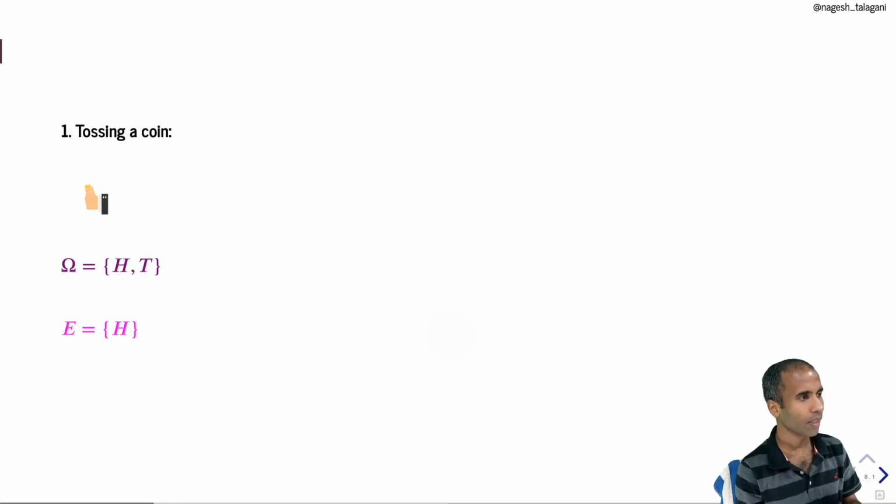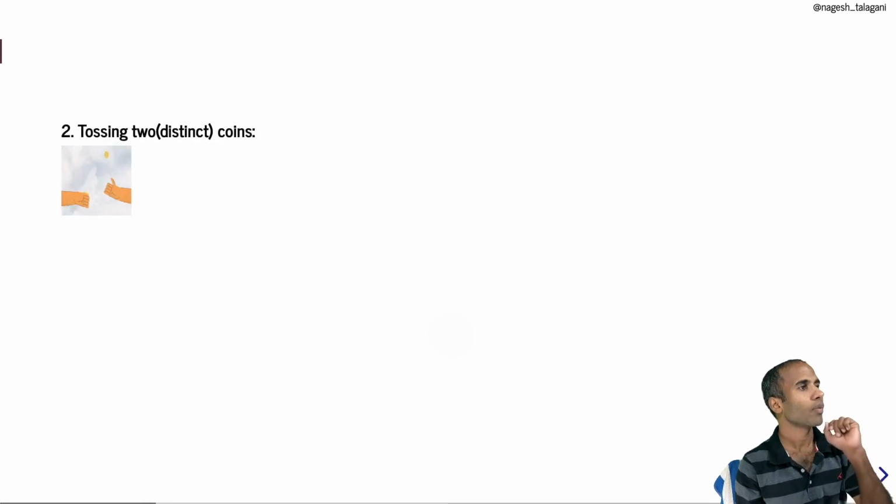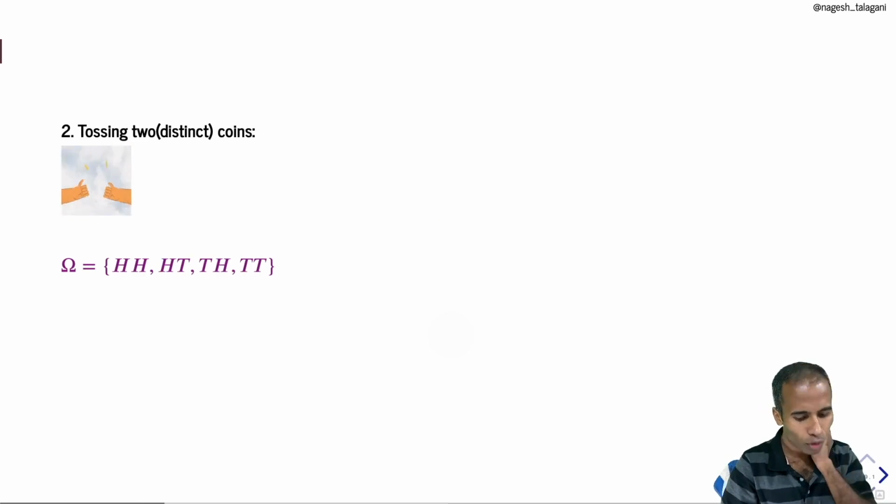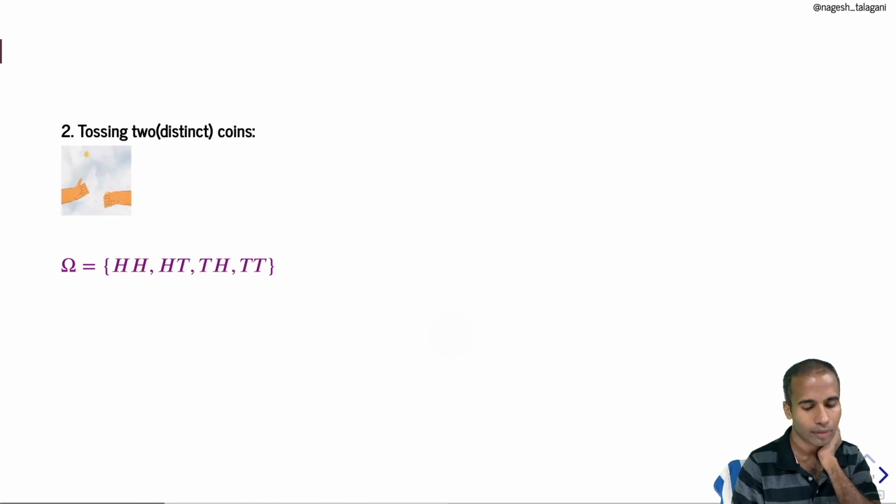And next one, tossing two distinct coins. When we toss two coins, we can observe four possible outcomes here: HH, HT, TH, TT. Here the first one is the result of coin 1, the second one is the result of coin 2.